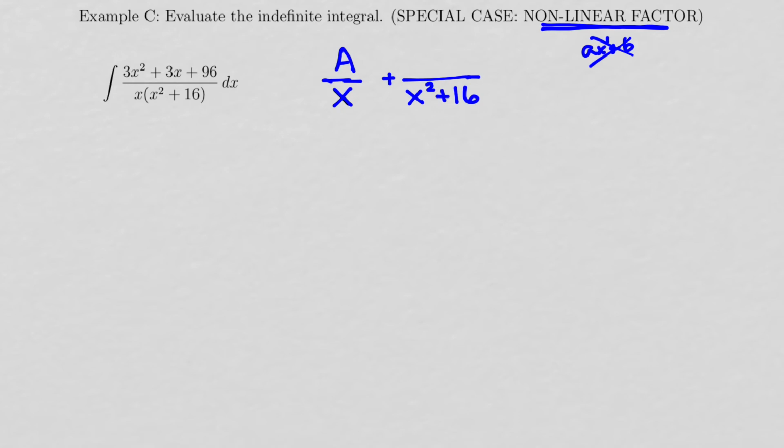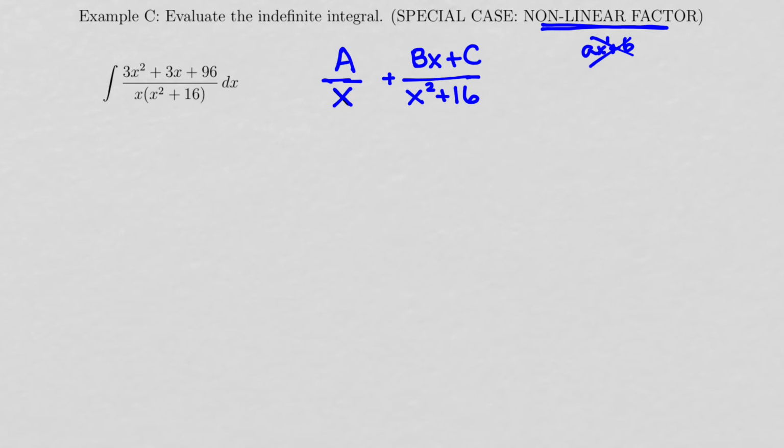On top of x squared, I actually want to write bx plus c. Do you see what I did? Instead of just a constant, I had to add in an x term on top. It's the way it has to work to make this partial fraction all work out perfectly. So if you have an x squared on the bottom, then you have to put the linear bx plus c.